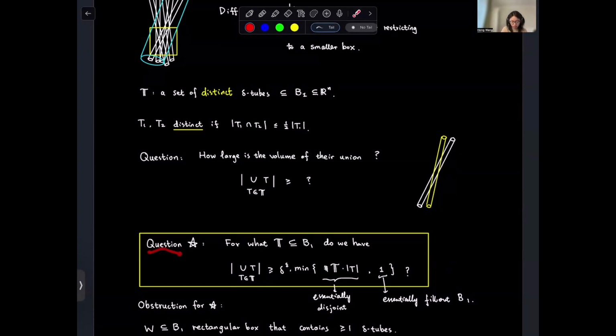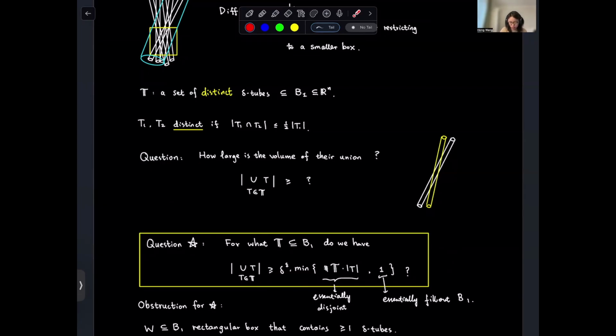Now the main question becomes, can we give some criteria on the set of tubes such that we have this very nice bound? The Kakeya set conjecture is like a special case of this question because it asks, is the Kakeya assumption the right criteria?